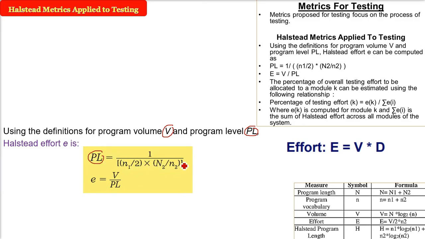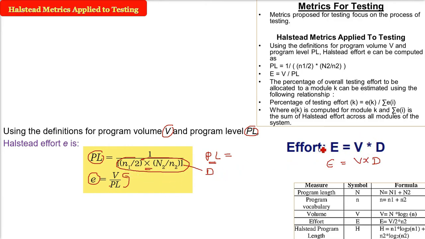This is nothing but L, the volume ratio, and 1 by this is nothing but difficulty. As I said, difficulty and volume ratio are inverses of one another. E is effort, V is volume, D is difficulty. So effort is volume into difficulty.